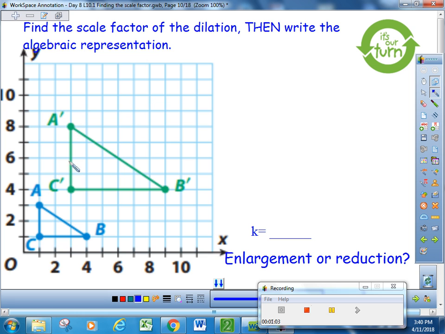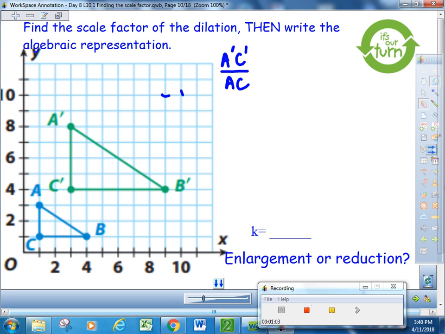All right, so here is a vertical side, so we're going to take this side, A prime C prime over AC. And it doesn't matter if you write it A prime C prime, or if I said C prime A prime over CA. It doesn't matter which way you do it. They both mean that side length.